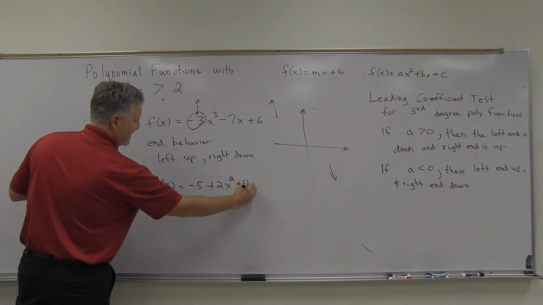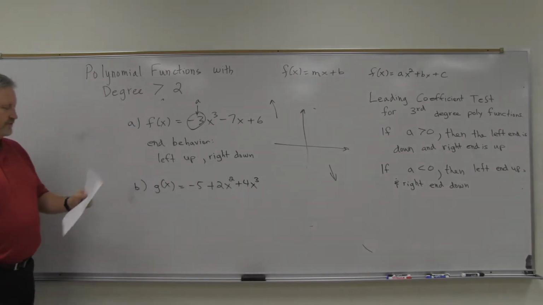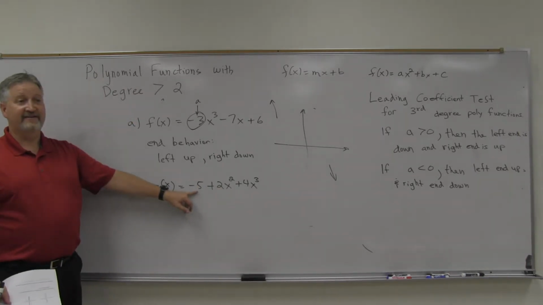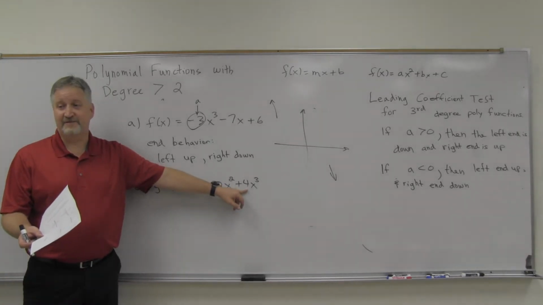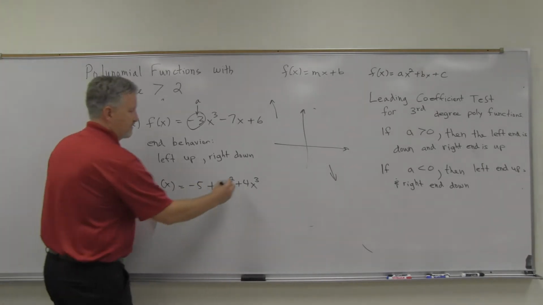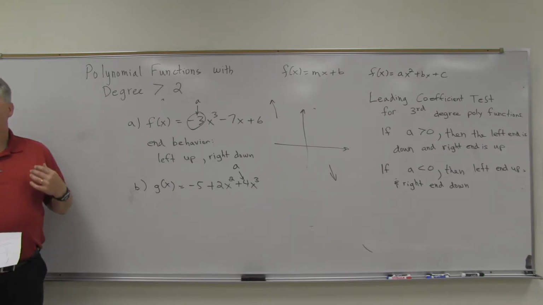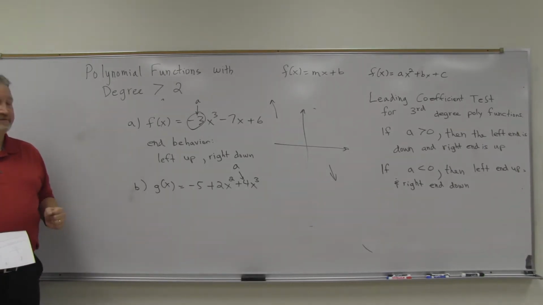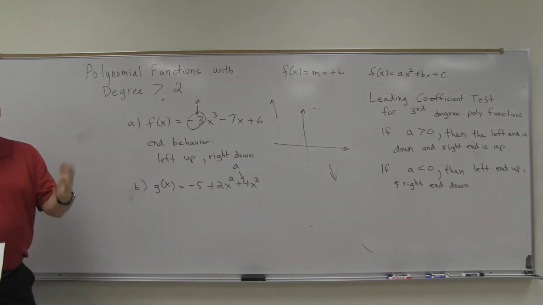And then on B, you've got to be careful, because the A is not -5, is it? It's -5 plus 2x squared plus 4x cubed. This is not the A here. Why not? Because it's not ordered. The A is the leading coefficient, what's times the largest power of x. This is A right here. It could try to trick you. Not really, but sometimes they move those terms around and don't put them in descending powers, so you just have to watch it.